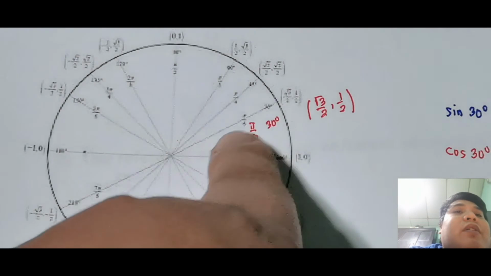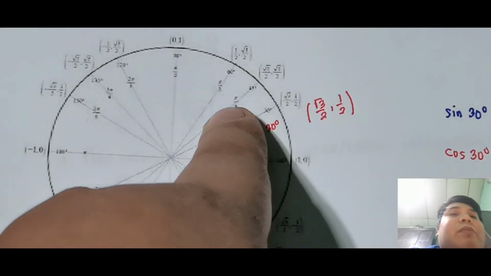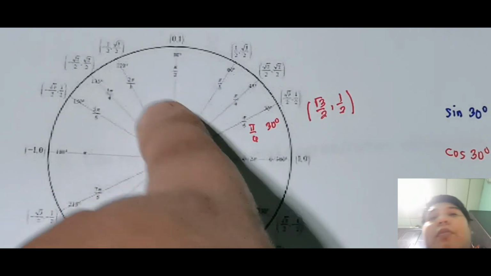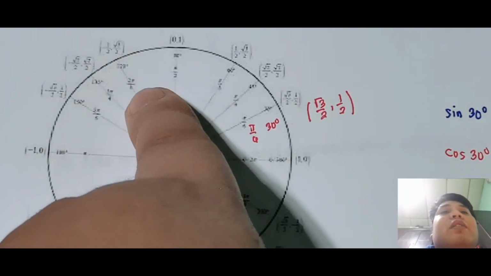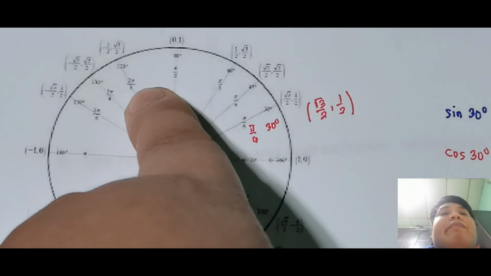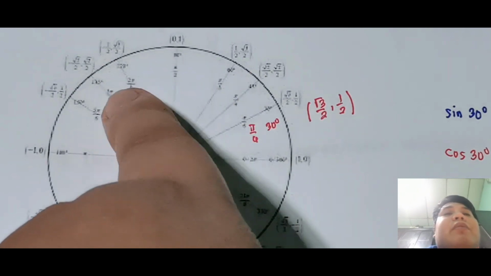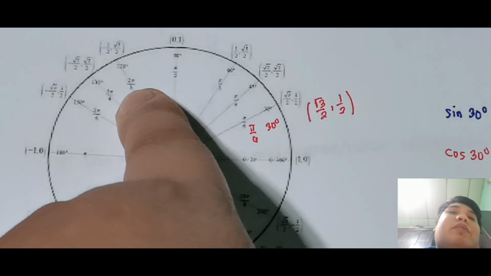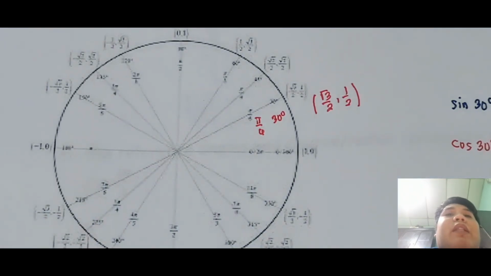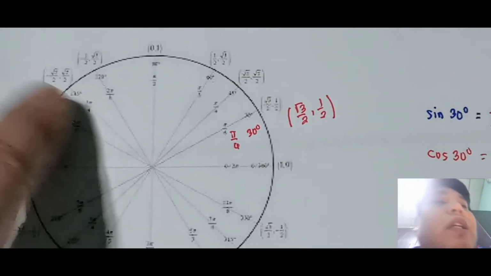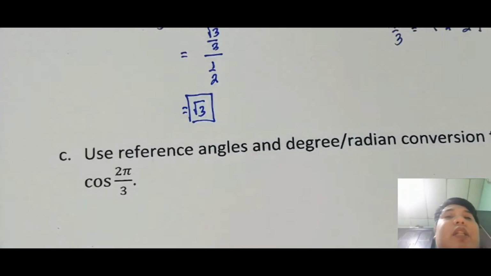So check pi over 6, pi over 4, pi over 3, pi over 2. I can't read it. This is pi over 6, pi over 2. This is 2 pi over 3, I think. That seems to be 2 pi over 3. Let's check. That's 120 degrees.